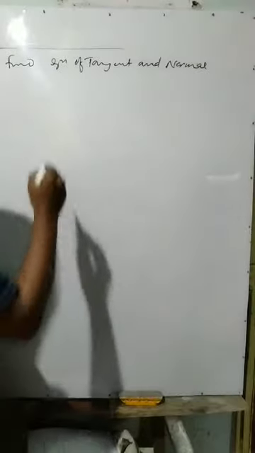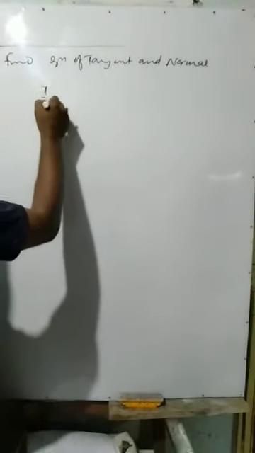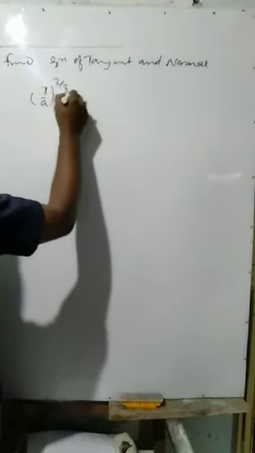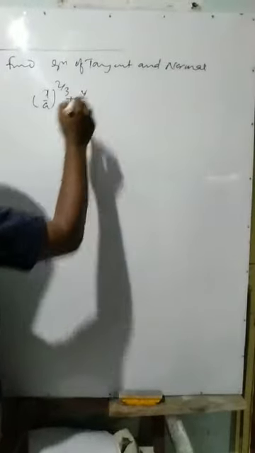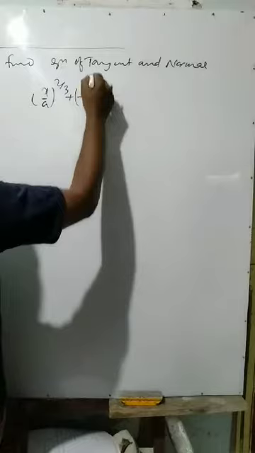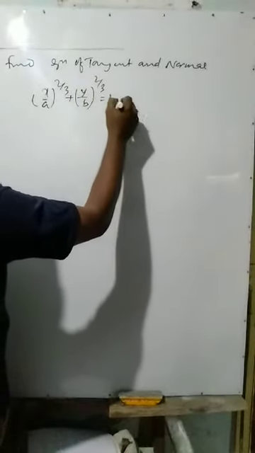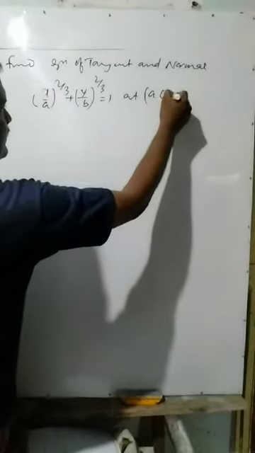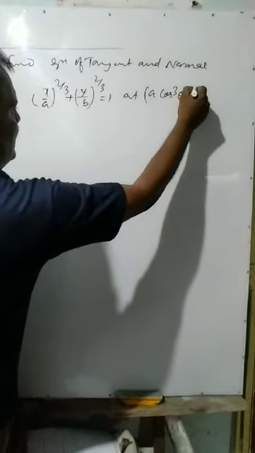The curve is (x/a)^(2/3) + (y/b)^(2/3) = 1 at the point (a cos cube theta, b sin cube theta).